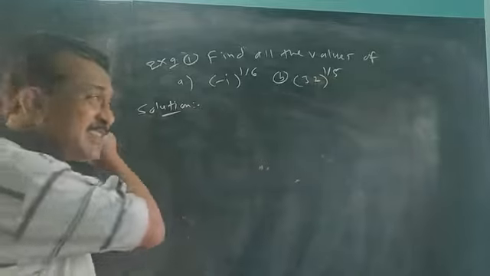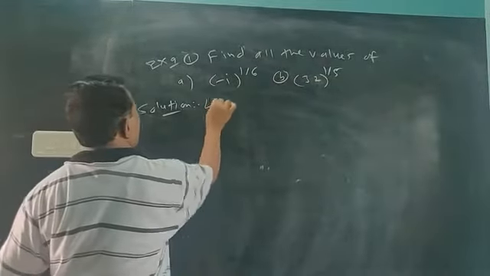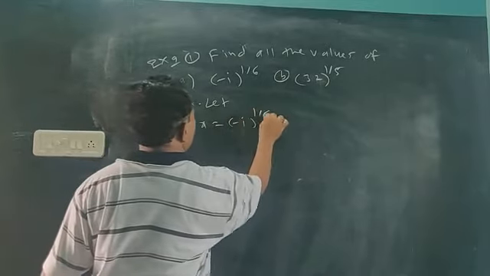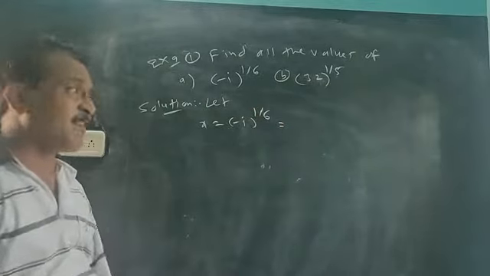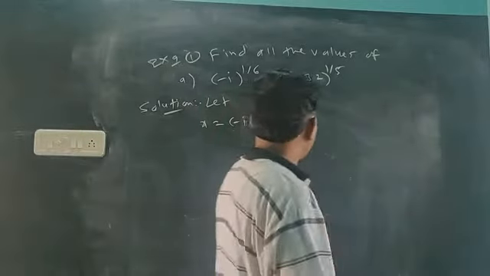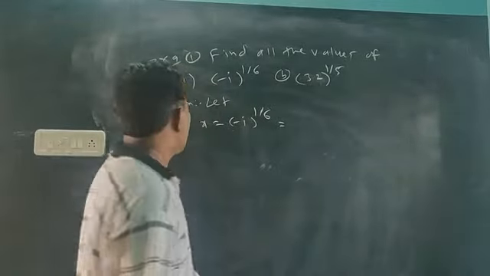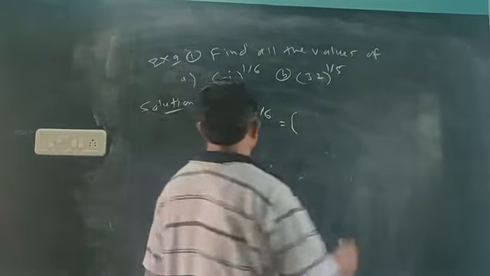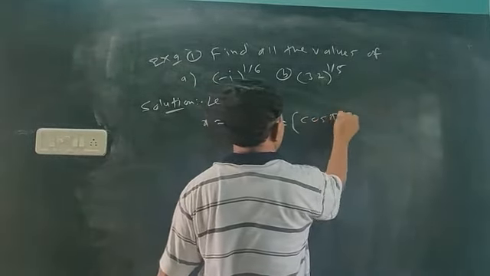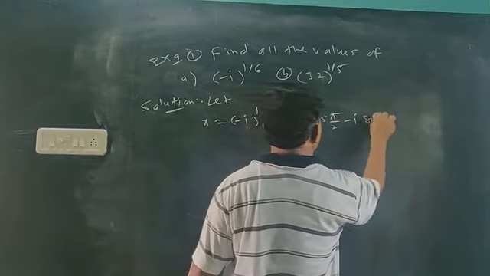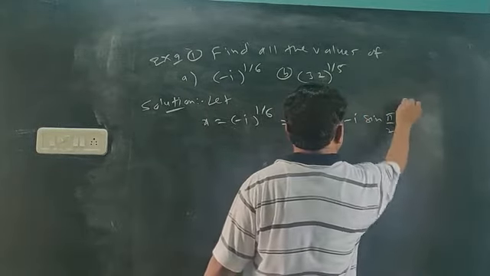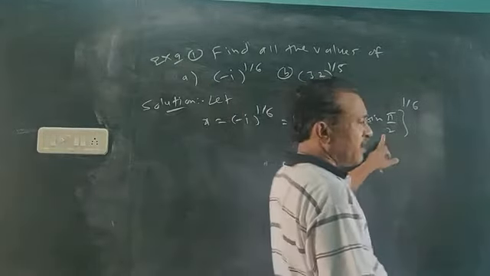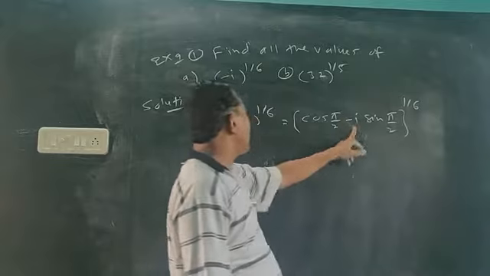First, let x be minus i raised to the power 1 by 6. I want 6 values in total. Now minus i is expressed as cos 90 minus i sin 90, because cos 90 is 0 and sin 90 is 1.